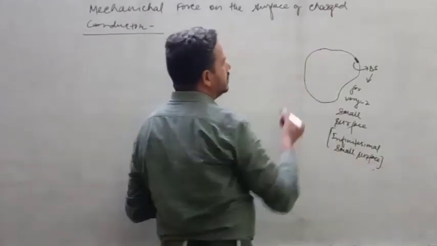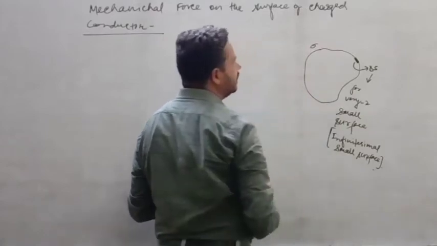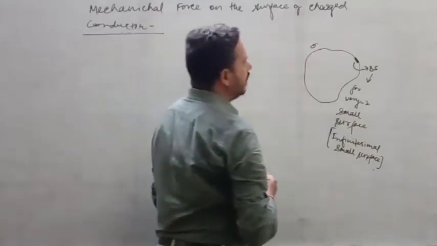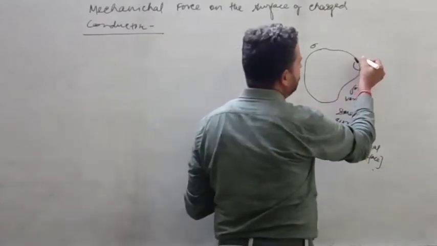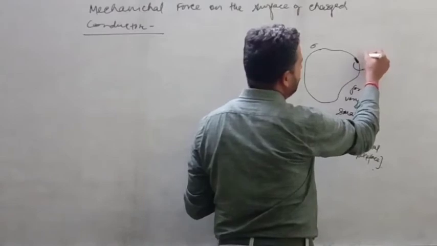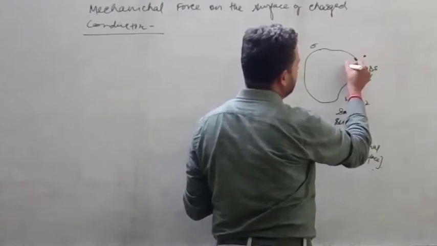And suppose sigma is the surface charge density. So accordingly you take two points: one just outside the surface and another just inside the surface.